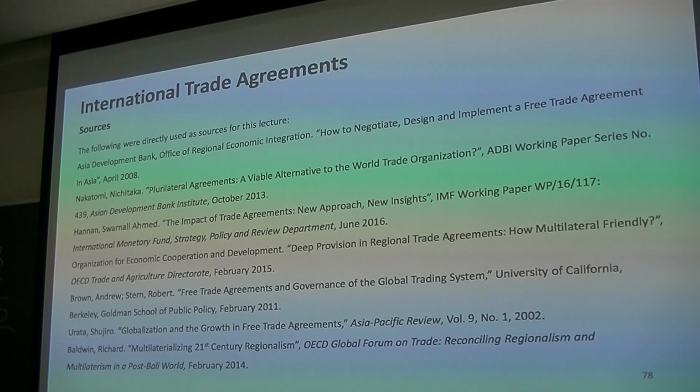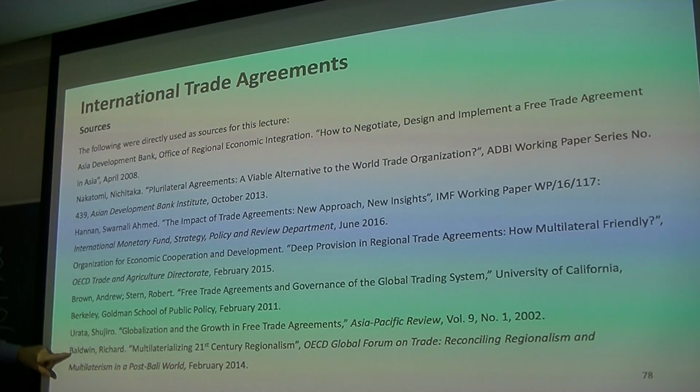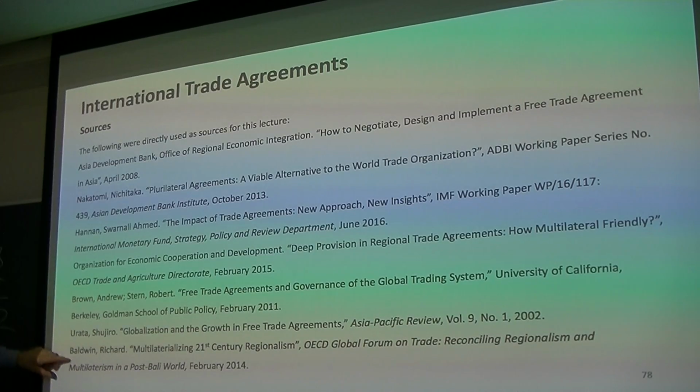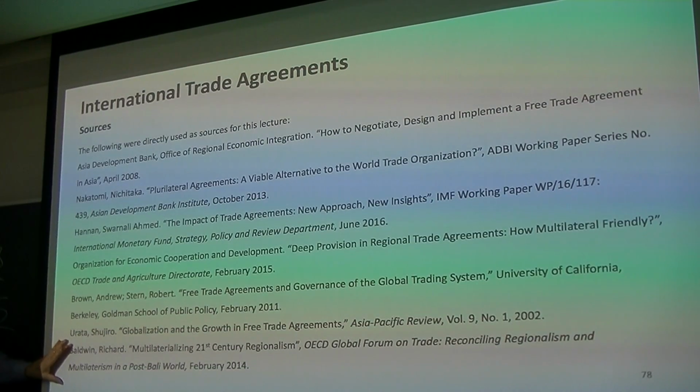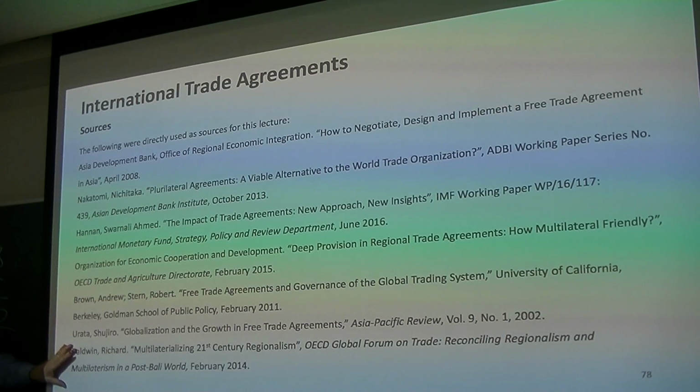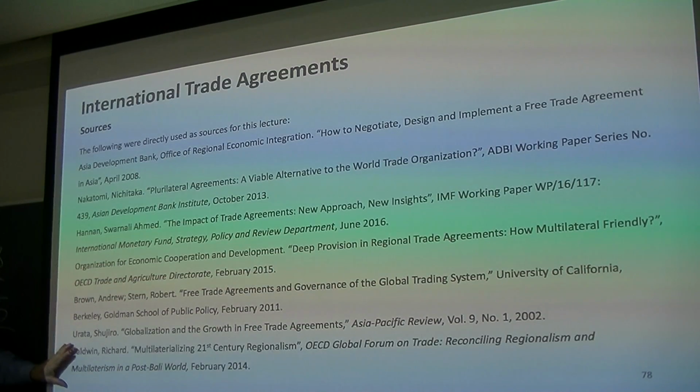I'm going to send several of these papers. I think it'll be important for you to go through some of this. I've used all of these as sources for this lecture. I think the interesting ones are this one, Richard Baldwin, Multilateralizing 21st Century Regionalism. This is a conventional view of trade.